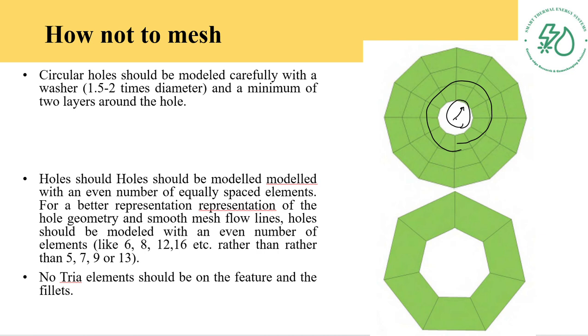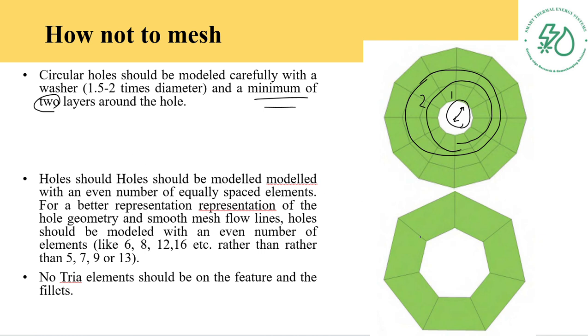If this diameter is equal to 1 centimeter, the washer should be 1.5 or 2 centimeters. In addition, you should use a minimum of 2 layers of elements around that, 1 and 2. A minimum of 2, and it could be more than that.